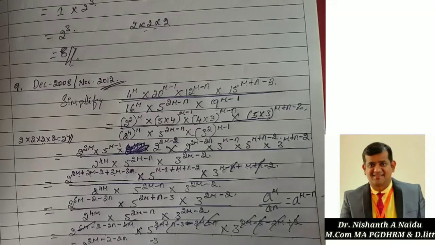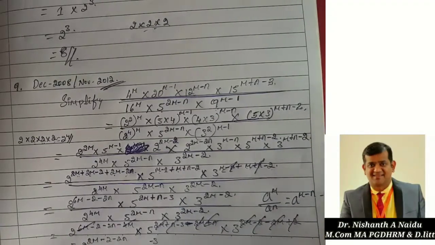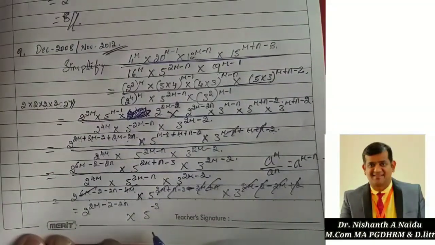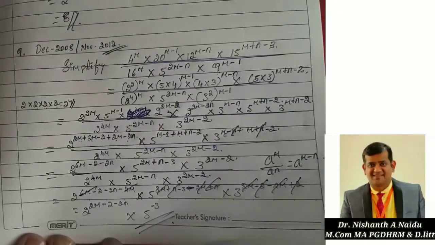Only minus 3 is left, 5 to the power minus 3 is left with us. Can we do any simplification, any cancellation? No, right? Since we cannot do any simplification or cancellation here, this is going to be the ultimate answer.